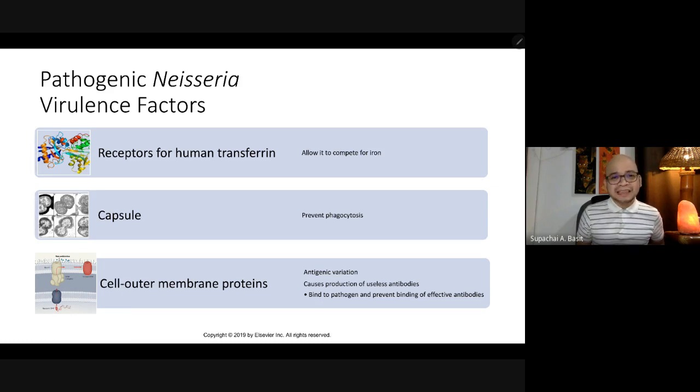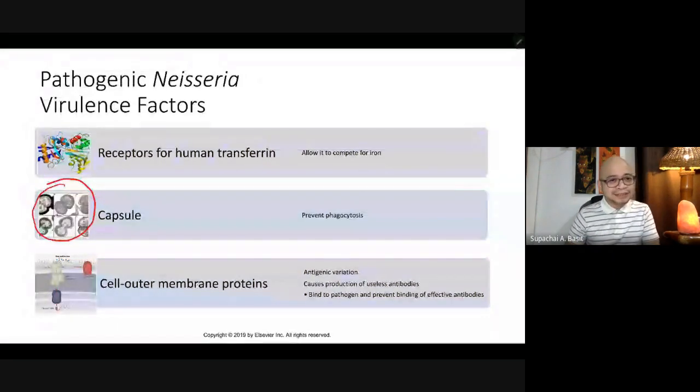Because of that, Neisseria will compete for iron, the supply of iron, and that's not good because we're supposed to utilize iron. And then, of course, they also have a capsule. This is an electron micrograph of how the capsule looks under the electron microscope. And again, the capsule will prevent phagocytosis.